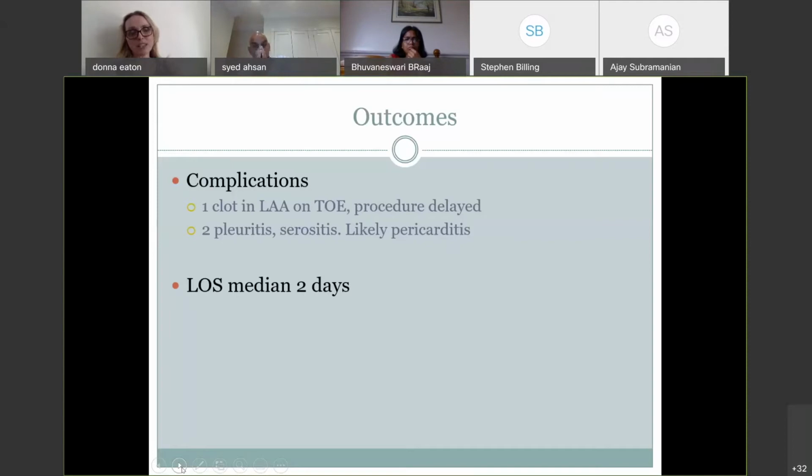Post-operative complications, I've had 2 patients who've had a kind of irritation of their pleura, or serositis, where they've had fluid in their pleural space as well as in their pericardial space. It causes an effect that's quite like pericarditis, and my feeling is that it is an irritation of the pericardium, and that it's probably secondary to the clip moving against the pericardium.